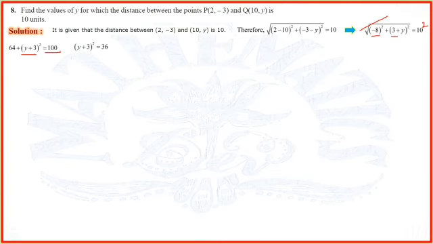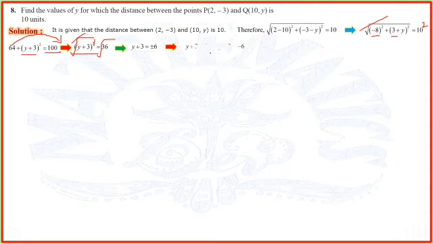(y + 3)², and 64 we have taken to the right hand side. 100 minus 64 is equal to 36. So taking the square root of both the sides, the square will cancel with the square root, so y + 3 is equal to ±6.